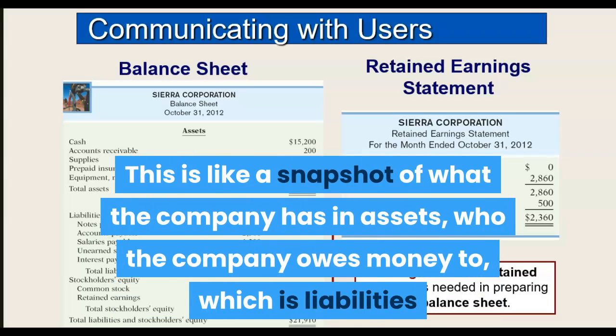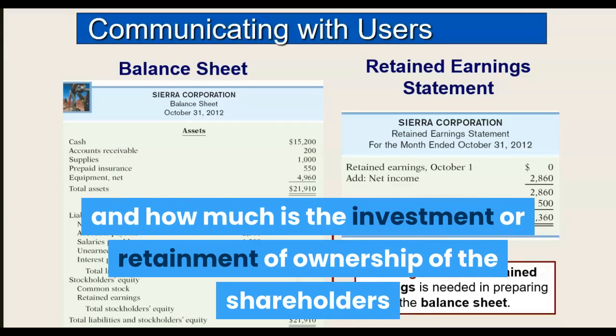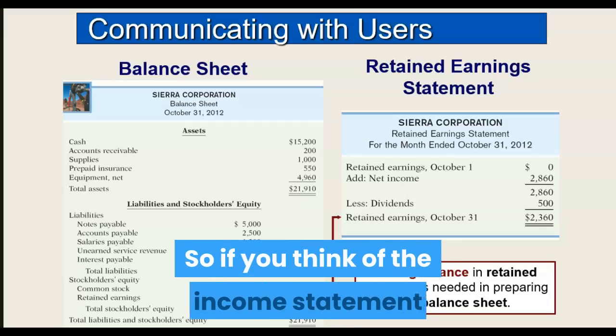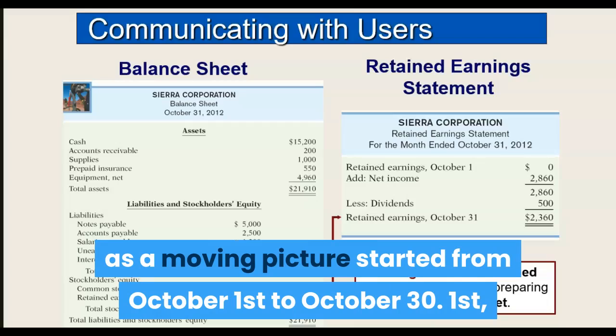It just says, as at October 31st. This is like a snapshot of what the company has in assets, who the company owes money to, which is liabilities, and how much is the investment or the retainment or ownership of the shareholders.